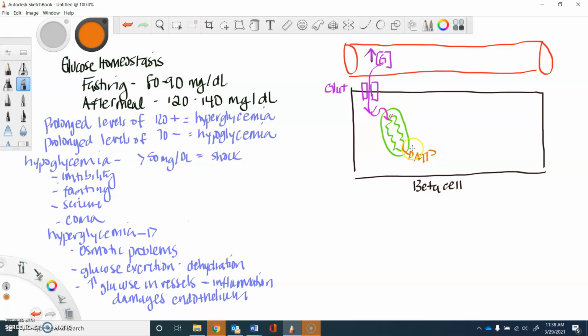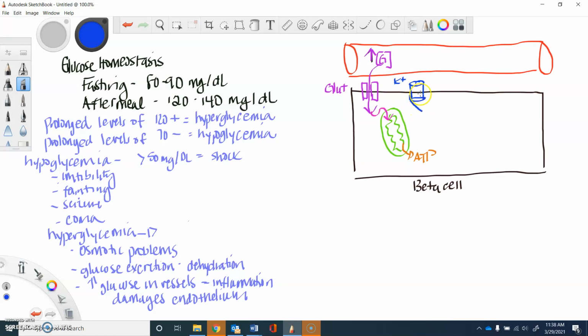So it's making all this ATP, and the cell has special channels here that are open for potassium. These are little potassium channels, and they are kind of gated.